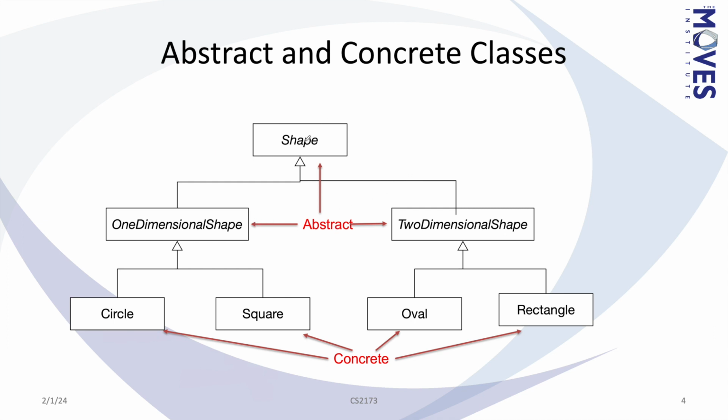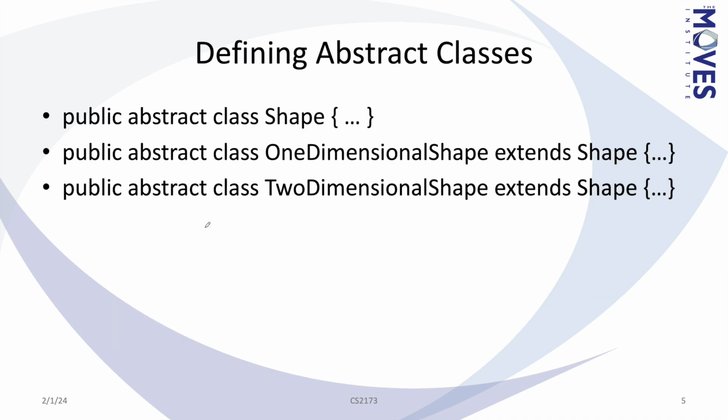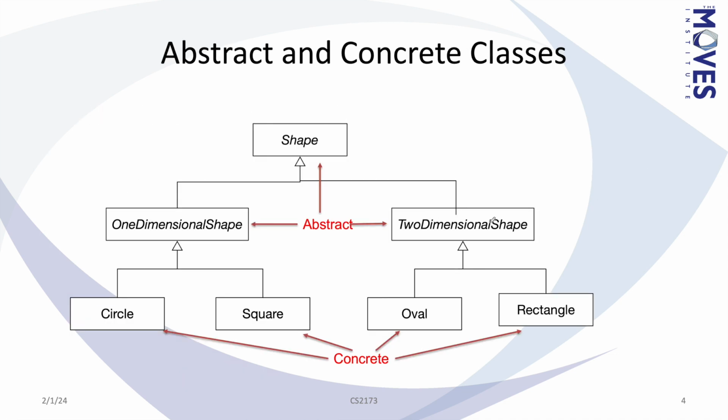So what it's done is it said, if I have one-dimensional shapes and two-dimensional shapes, these are still abstract, and they're just honing in on it a little more, but these are all concrete. So I can declare a variable to be a shape, or a one-dimensional shape, or a two-dimensional shape, or I can declare things to be each of these concrete classes. So those are my choices.